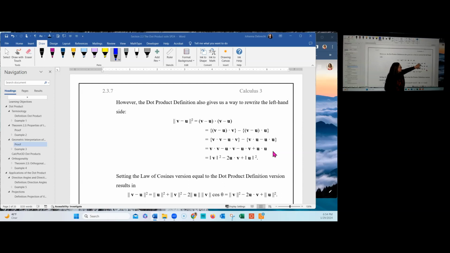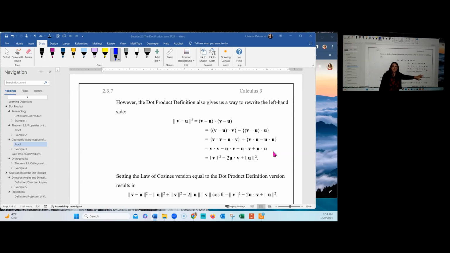And this one gives us v dot u minus u dot u, which also has another minus, and a double minus, of course, makes it plus. So when we write it out, we basically get v dot v, which is the magnitude of v squared, and we get two negative u dot v's. So we have negative 2 u dot v, and we also have a u dot u, which gives us the magnitude of u squared.